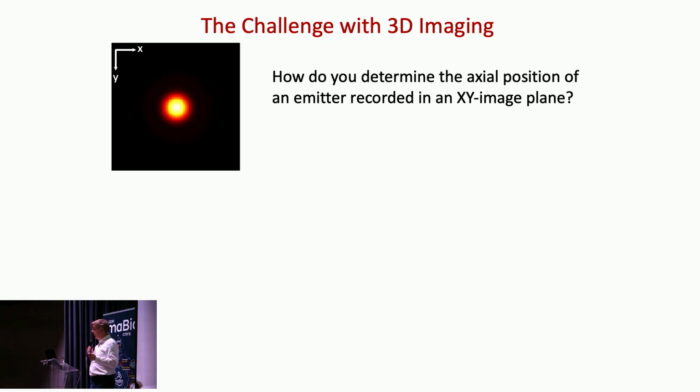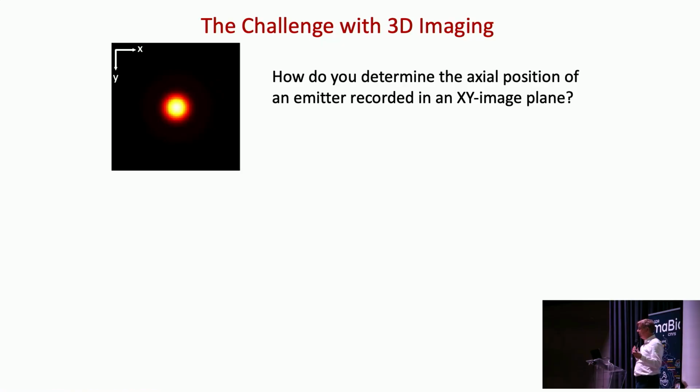But this doesn't work here because the molecules blink. If you go from one frame to another through that Z stack, the molecule might have turned on or turned off, right? So you will not get any useful information from that. So you need to be able to extract the 3D position of a single molecule from a single snapshot of that molecule.